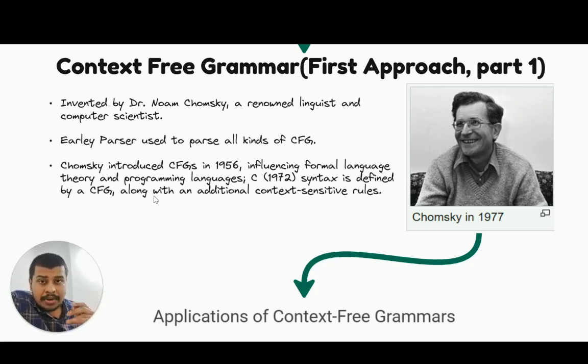So what happened is they added some more context-sensitive rules to make the C language more comprehensive. That is why we have meaningful variable declarations and all the other context-sensitive rules that are there in the C programming language, right? So this is the whole thing.